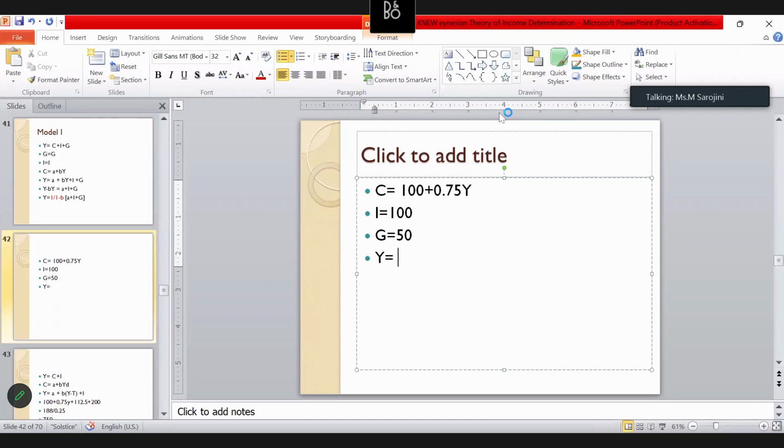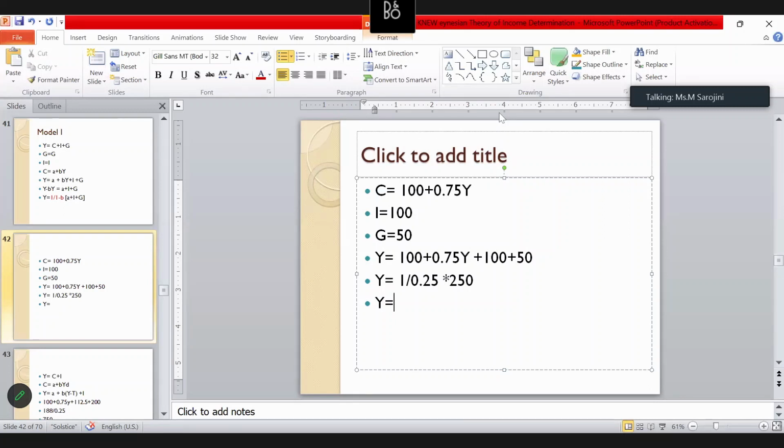Y is equal to 1 divided by 0.25 into 250.